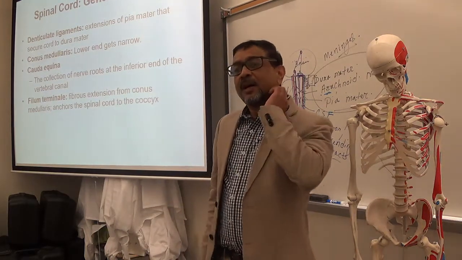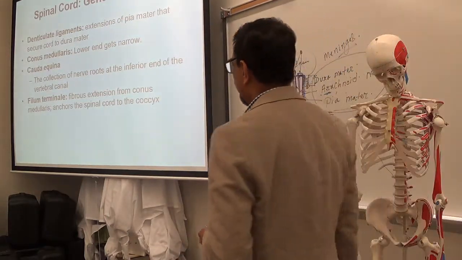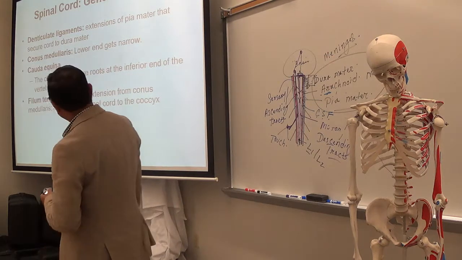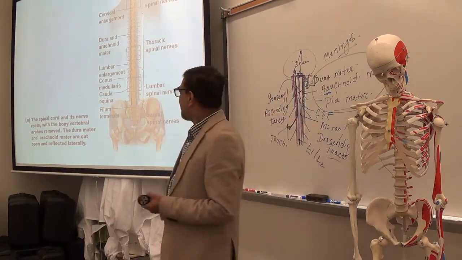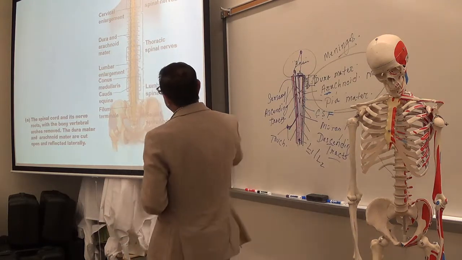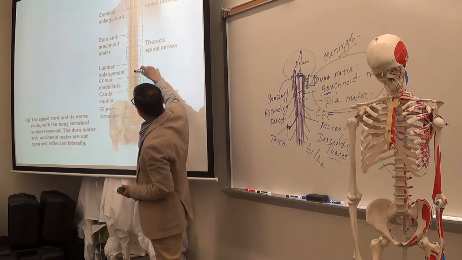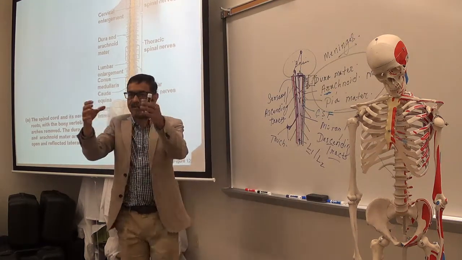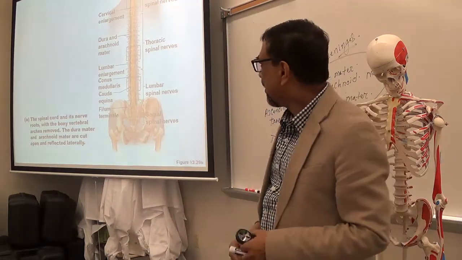Now, external features of the spinal cord. If you see the spinal cord from outside, you'll see a few things. First, in two locations, the spinal cord is slightly expanded, wider in two areas, two locations.